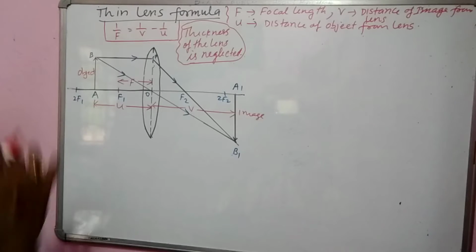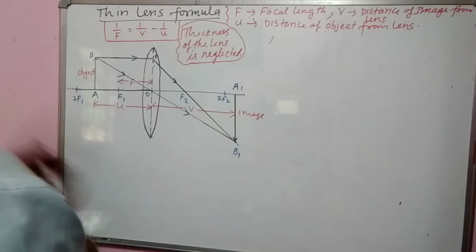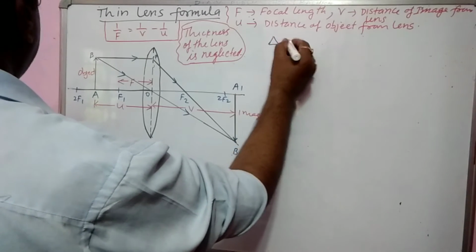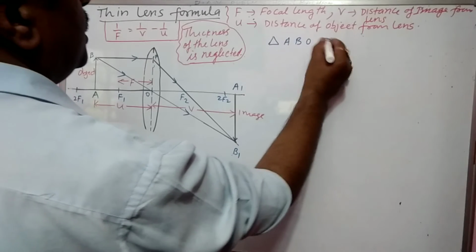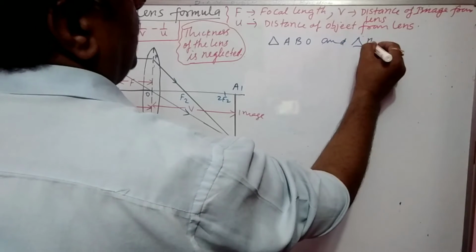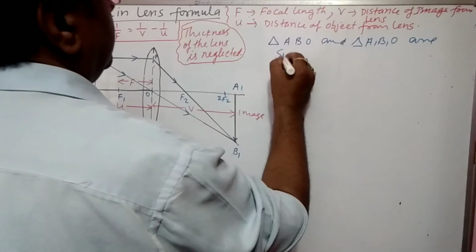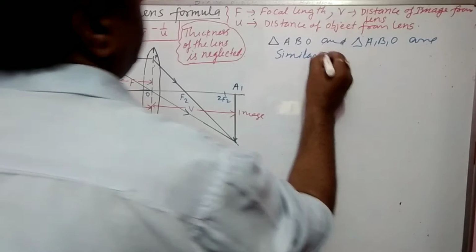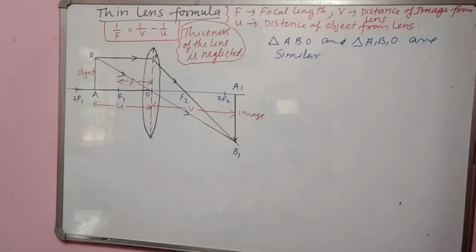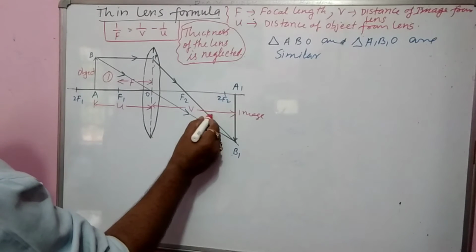Now I am going to take the triangle ABO and triangle A1B1O. These are similar. These two triangles, you can see here, triangle number 1, and this bigger one is triangle number 2.